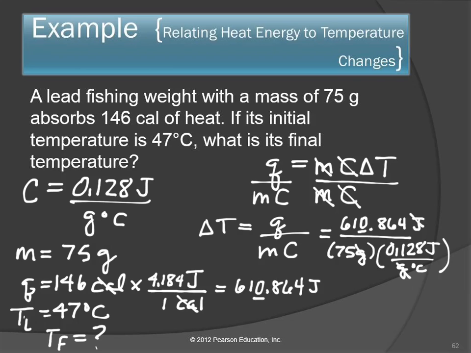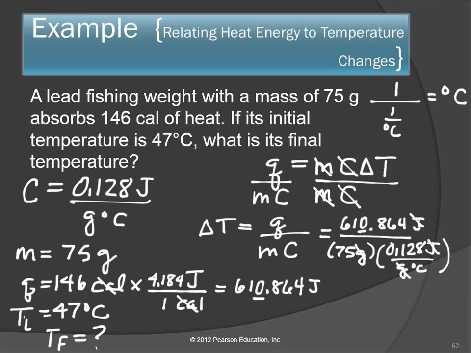Now the joules cancel out. The unit that's left is kind of messy because it's a fraction and a fraction, right? We've got 1 over degrees Celsius. That ends up equaling degrees Celsius. If you want to see why that is, I could show you after class.